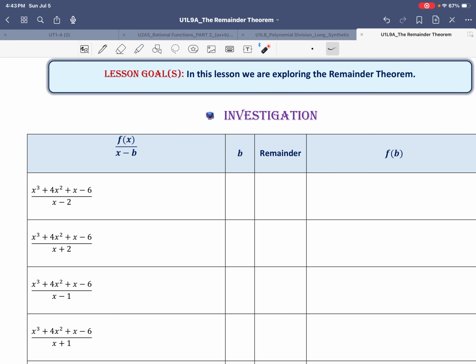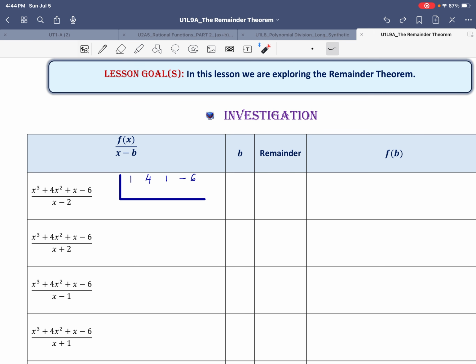So, let's get started. We'll divide x cubed plus 4x squared plus x minus 6 by x minus 2, and we'll begin by listing the coefficients of the dividend, which are 1, 4, 1, and negative 6. Let's draw our half rectangle right here and identify the value of b.